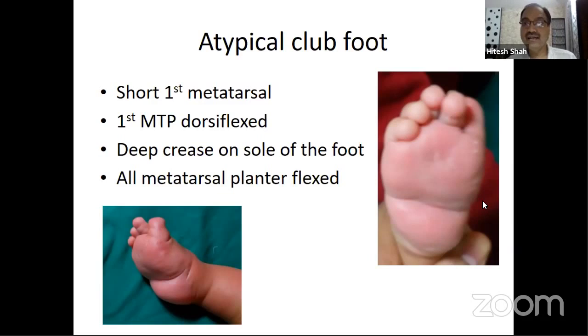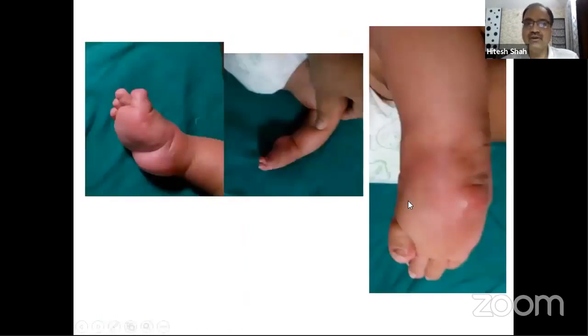It is related to the deformity of the forefoot at the tarsometatarsal joint. We need to correct it by lifting the first and fifth metatarsal and get rid of the deep crease on the plantar aspect. Then only we can correct it.